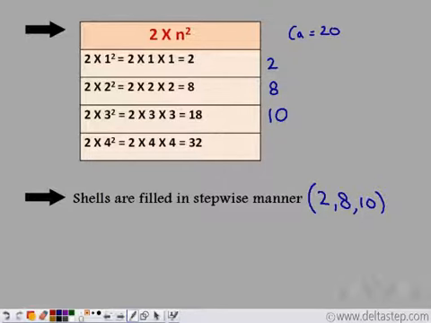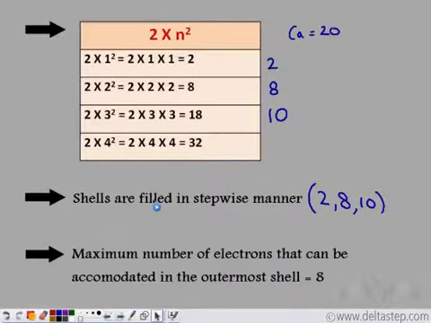But now when we see the third rule, it says that the maximum number of electrons that can be accommodated in the outermost shell is 8. If you see here, there are 10 electrons in the outermost shell. So this is wrong. The outermost shell can have only a maximum of 8 electrons.